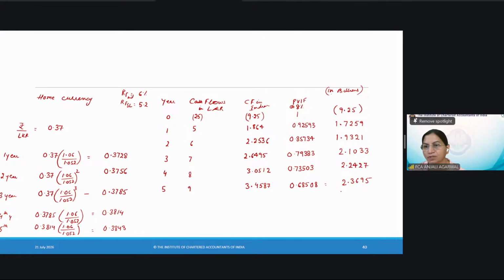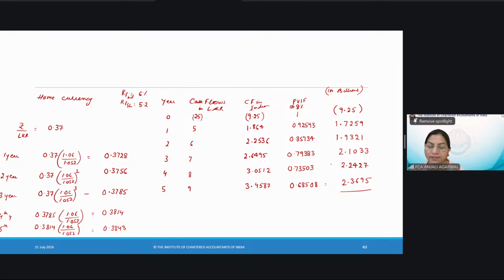Now let's see what the NPV turns out to be. So 1.7259 plus 1.9321 plus 2.1033 plus 2.2427 and last 2.3695.